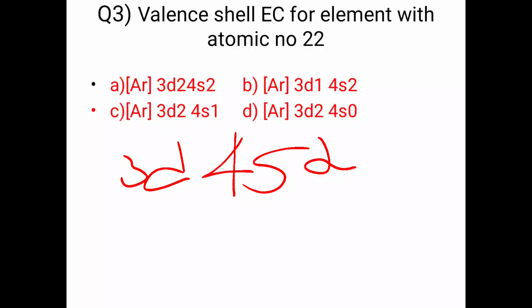So it is 3d2, and you have 4s2, the 3d2 4s2 configuration. Those who know will not have to calculate, rather they will know that it is directly option A that is correct, which shows 3d2 4s2.